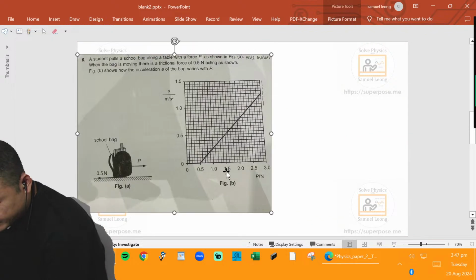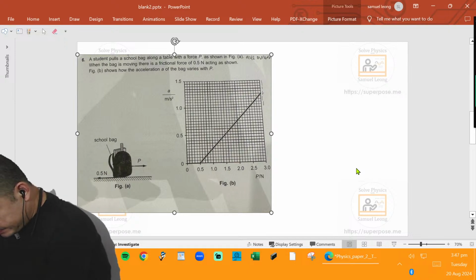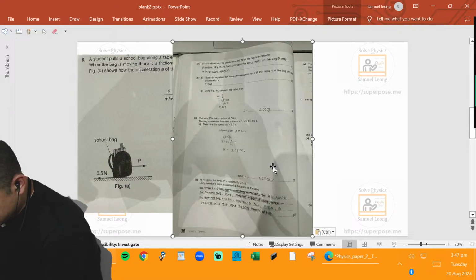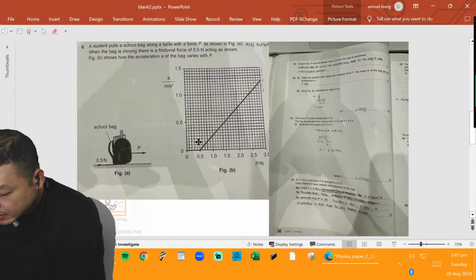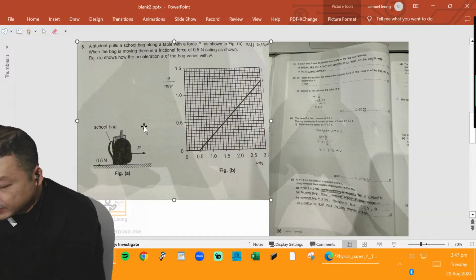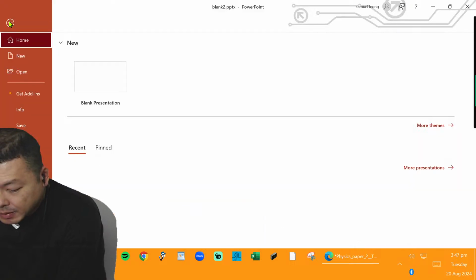For the rest of you, look at the first picture, the one that talks about the girl throwing the ball upwards. Yeah, that one there. Then I will print this one out for you. Sorry, it's a bit shadowy though.